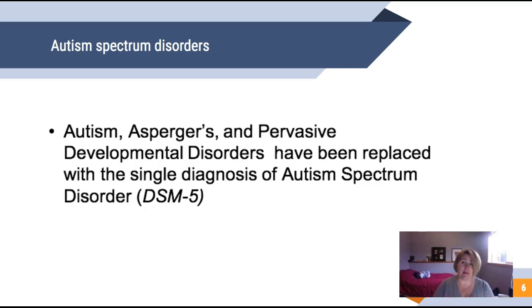And they're not necessarily wrong, but as you're going into the field as new professionals, you want to be working with the most current information. And so right now, we just identify individuals as being on the autism spectrum. And in the school setting, we would not tease out something like Asperger's or pervasive developmental disorders, even though there are a fair number of tools that are designed just for those little pieces of the autism spectrum.